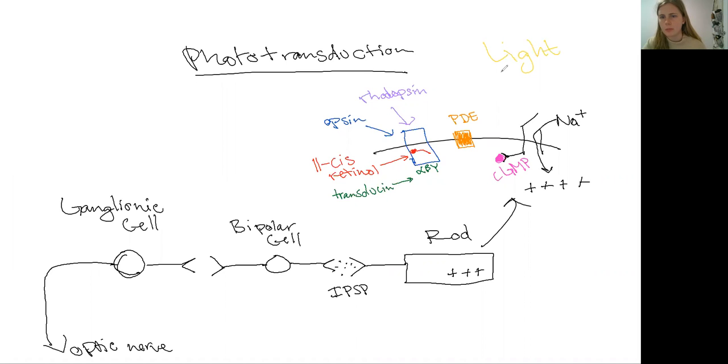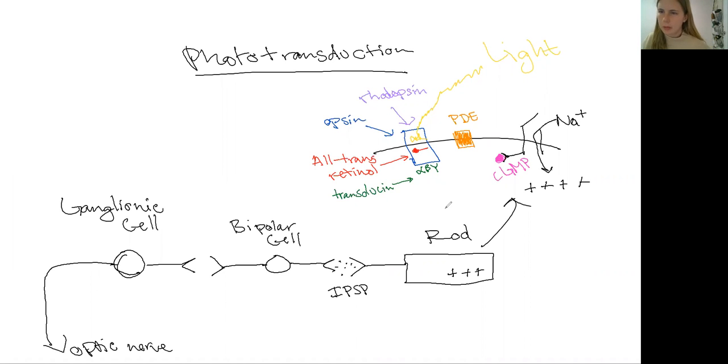Light comes over to the rhodopsin, and it strikes onto the retinol, and it turns the 11-cis retinol into, wait for it, straightens it out, it straightens out the bent, and now it's called all-trans retinol.